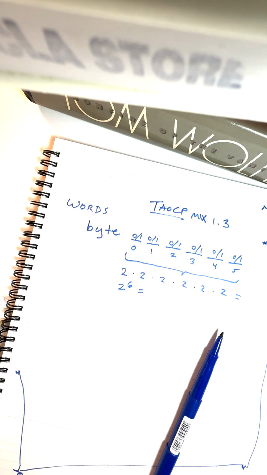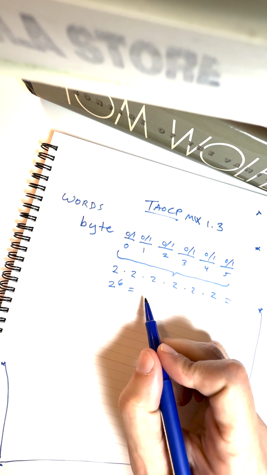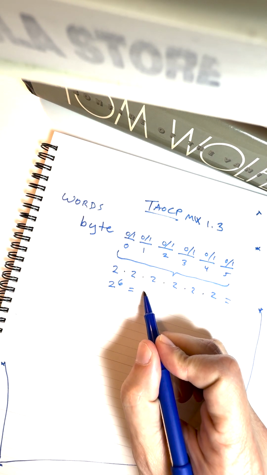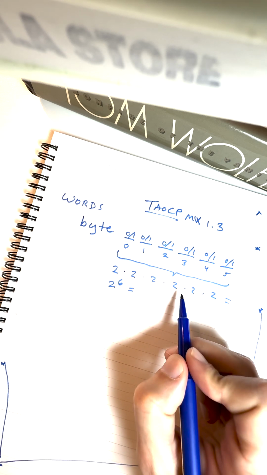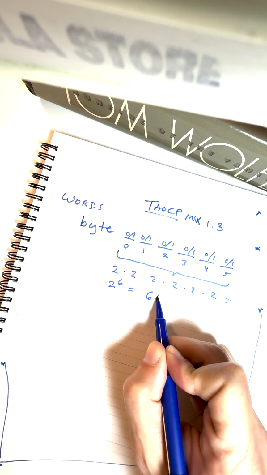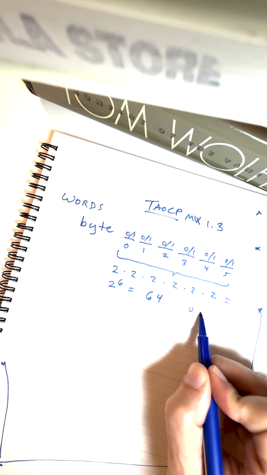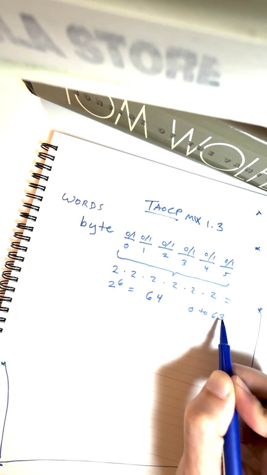Sorry, I'm working on a little cold here. And that's equal to, well, 4, 8, 16, 32, 64. And since by convention we zero index, that would count from 0 to 63 inclusive.